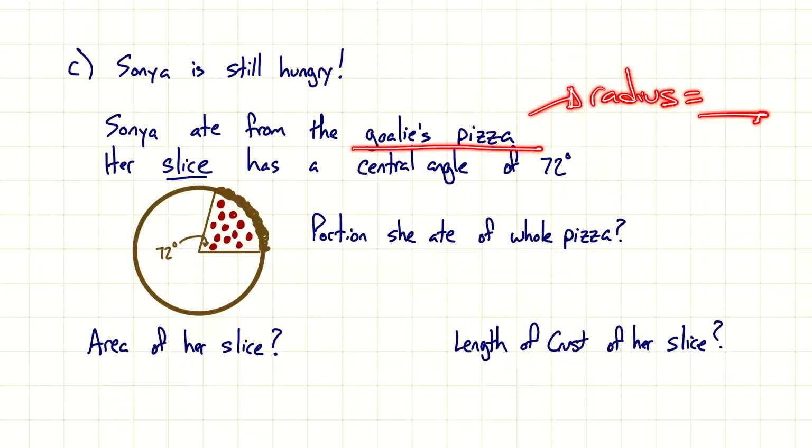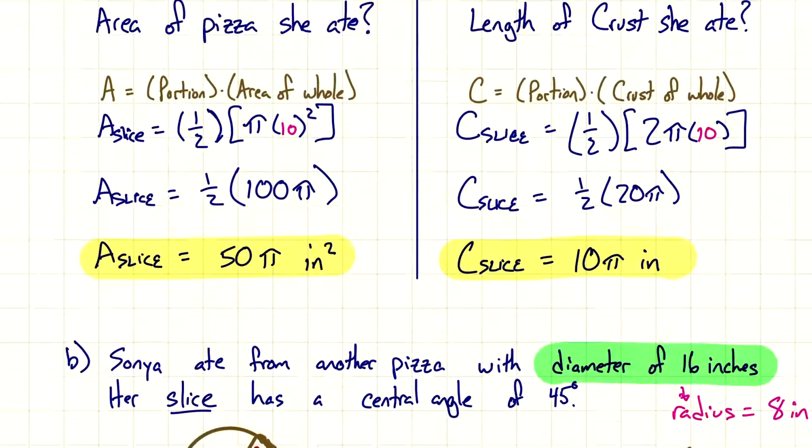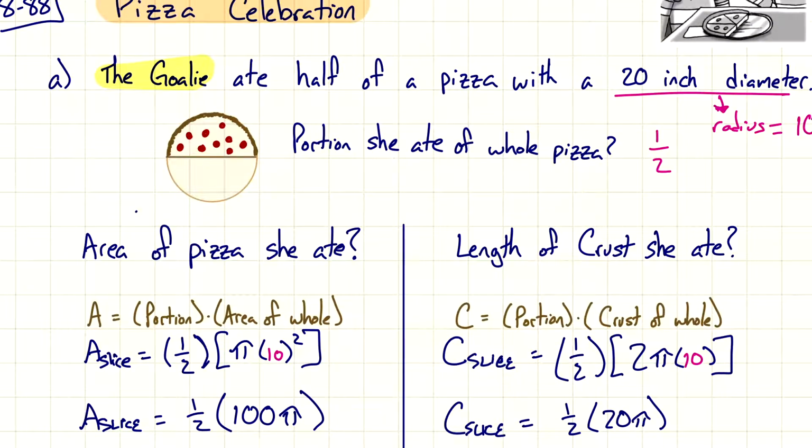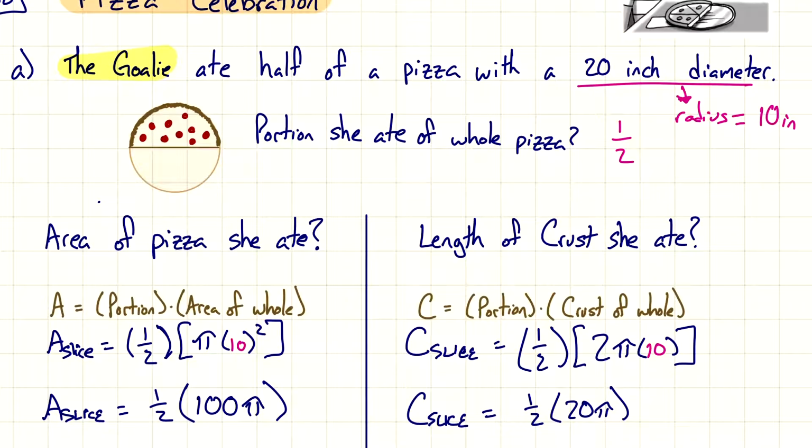Okay, so let's see if you got this correct. The goalie's pizza was, I actually don't even remember. So I'm going to have to look it up. So this is what I would have expected you to do, is to go back to the notes. The first problem we started with was the goalie's pizza, and it said 20-inch diameter, and we said the radius was 10.